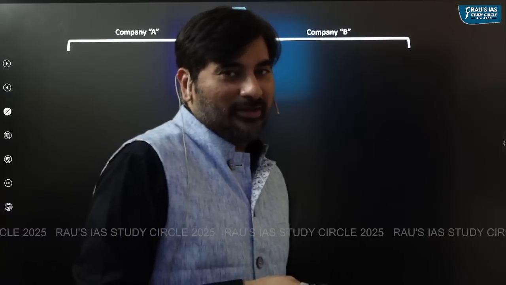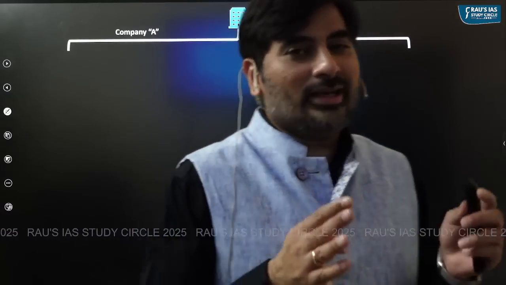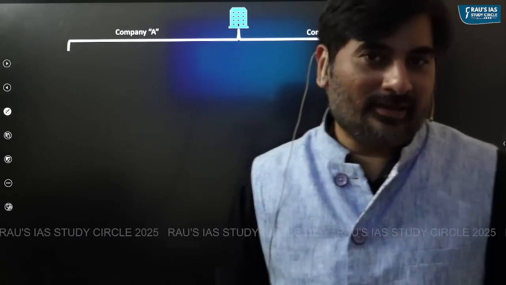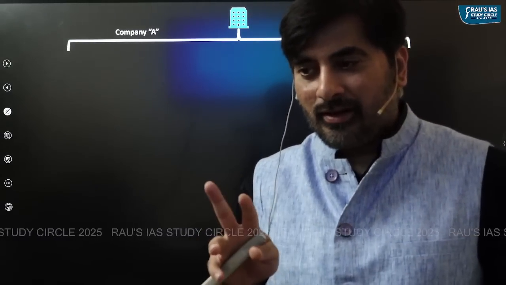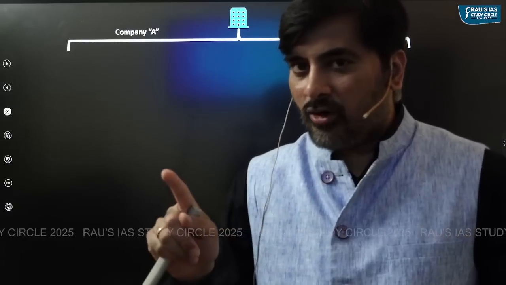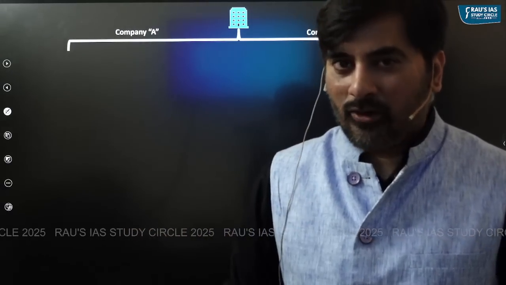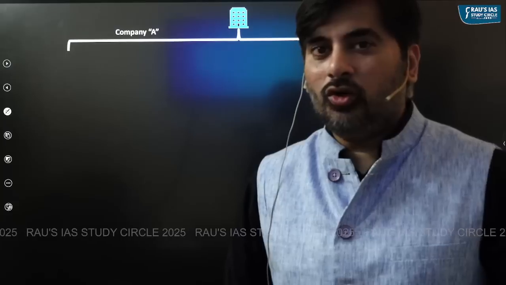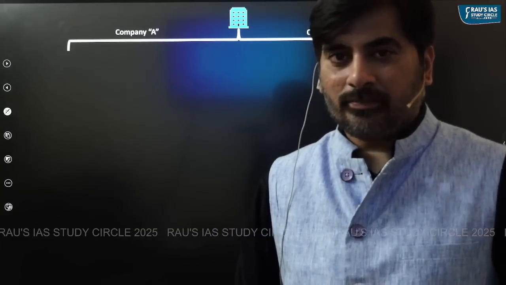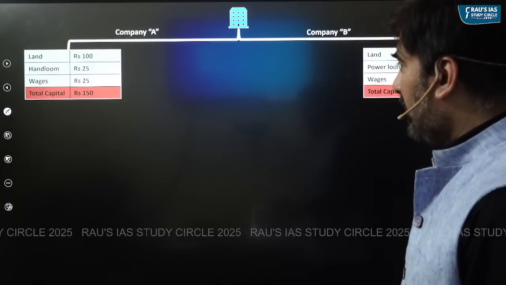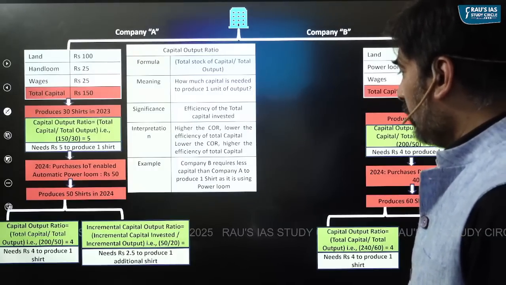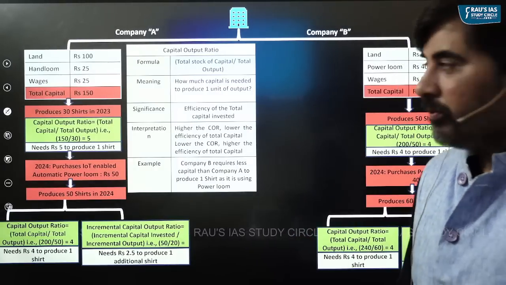Even this concept I have covered in one of the current affairs classes recently. Those of you who have not watched this class on capital output ratio and incremental capital output ratio, please go through the link in the description box below to understand the difference between the capital output ratio and incremental capital output ratio.